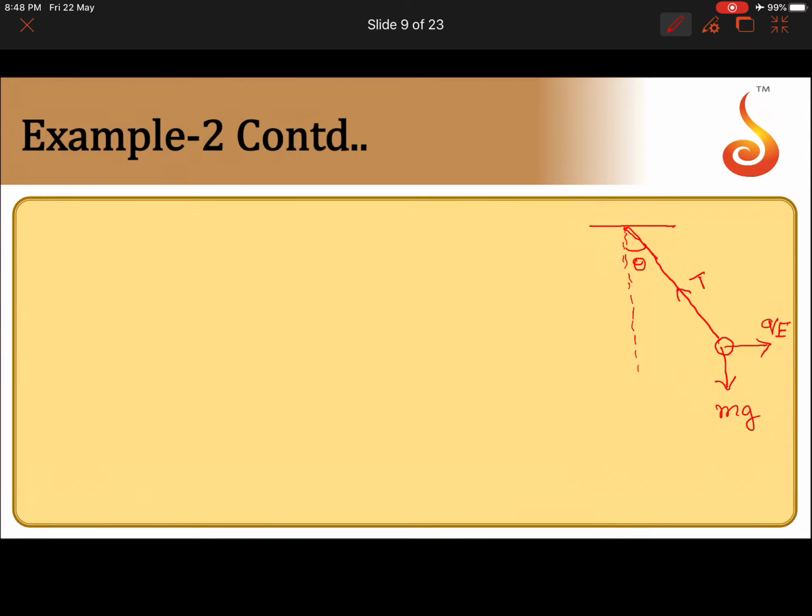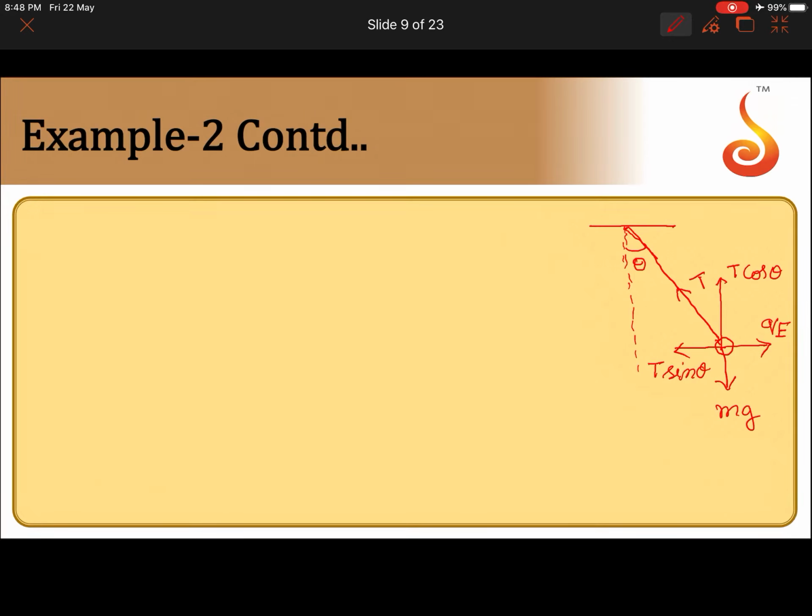Now, resolve this tension into two components, one along vertical, one along horizontal. So, the vertical component will be T cos theta, the horizontal component will be T sin theta.